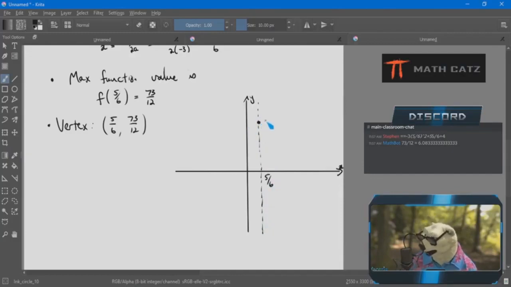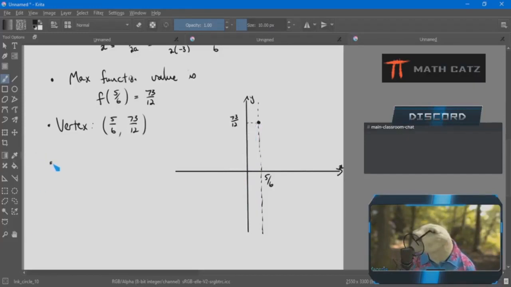Let's put it over there at 73/12, and I know it's bending down. Now, what would be nice to know is, is it really narrow and going down like this? Or is it a little flatter and going down like that?